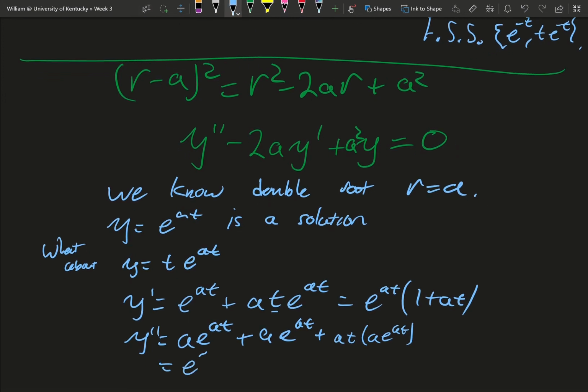Pulling out the e to the at and simplifying, we get (2a plus a squared t).